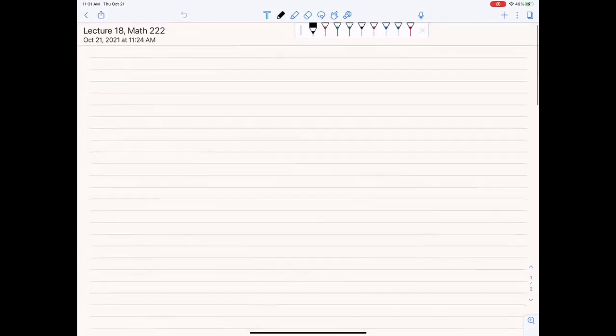So let's do a little bit of a warm-up, and we're going to build to this more general integral. The warm-up is just a silly, obvious fact that you know from one variable calculus.